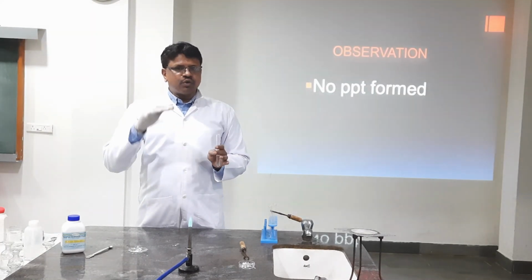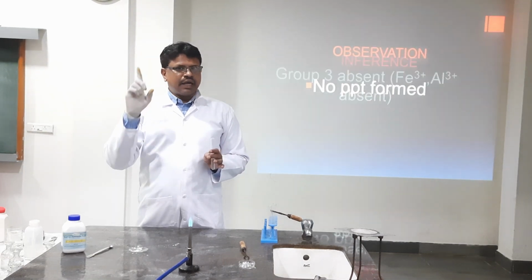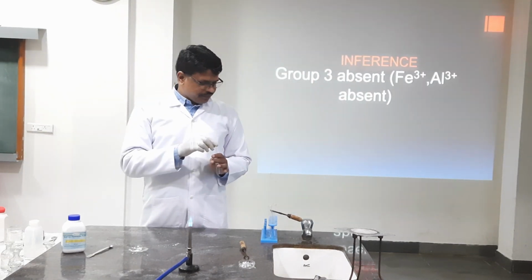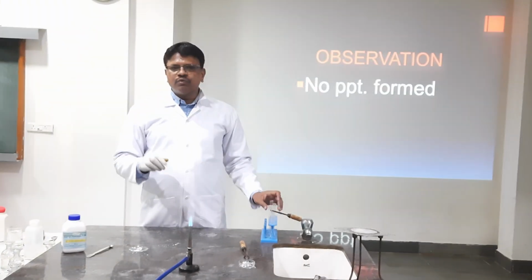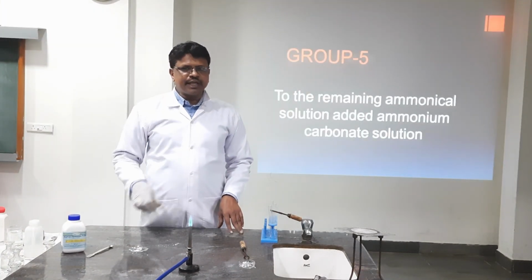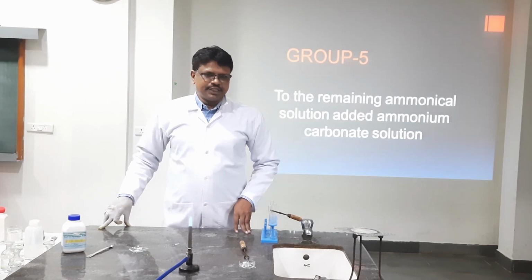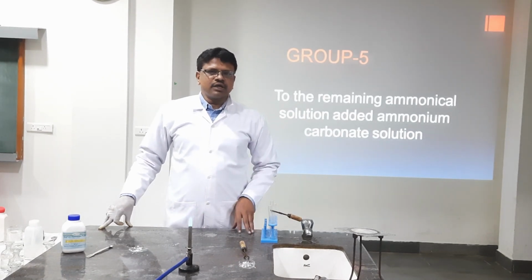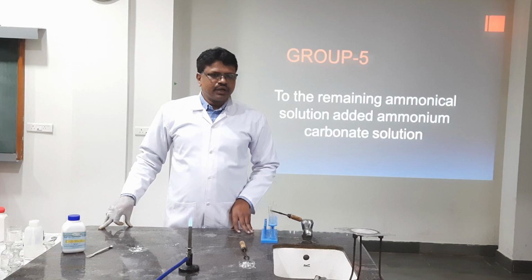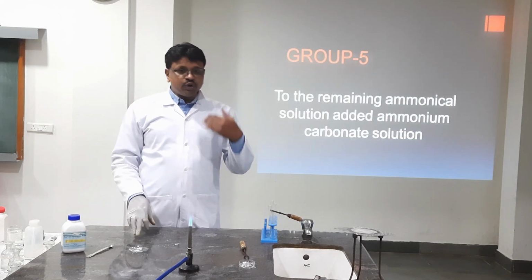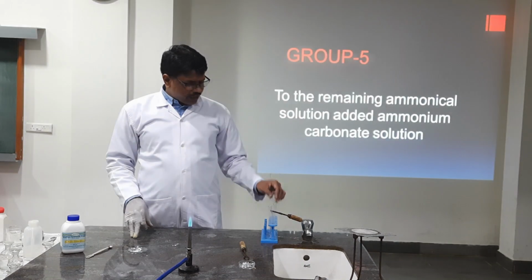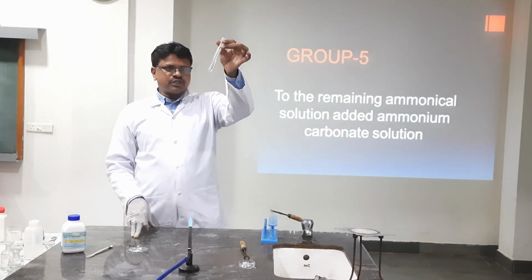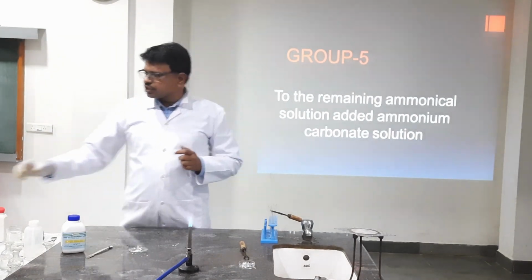Now I am going for group 5 because I got an idea from the flame test. Group 5 has barium, strontium, calcium. In the flame test I got a light green color, apple green color. So I am going to confirm whether barium is present or not. For that, I will take this original solution into another test tube.